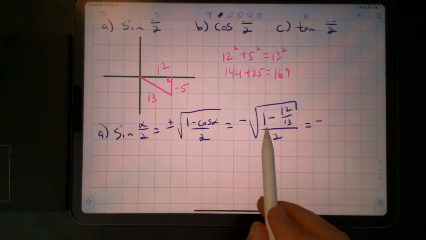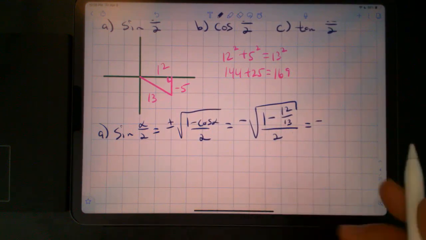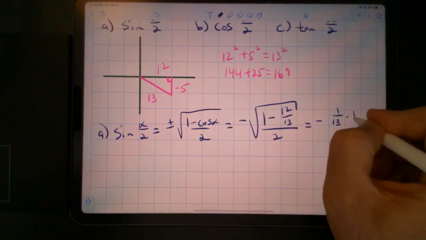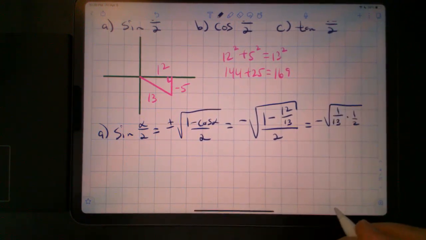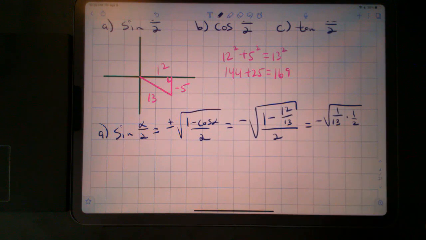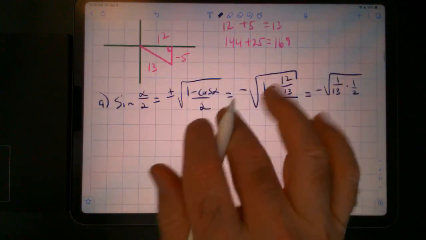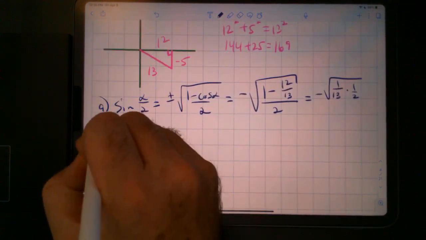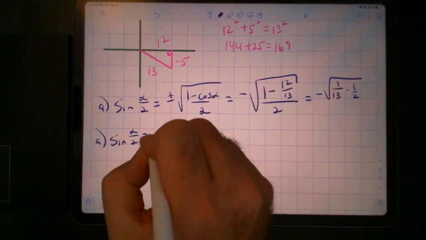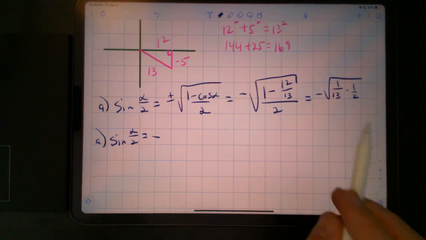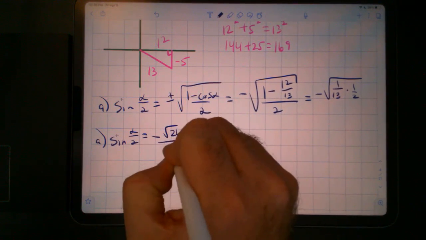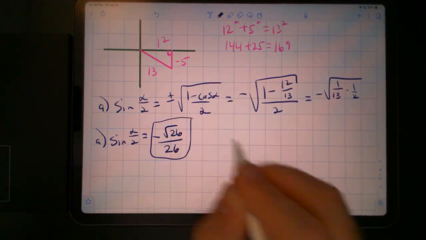And so I have 13 over 13 minus 12 over 13 is going to be 1 over 13, and then times the reciprocal. We're dividing by 2, which is the same thing as multiplying by 1/2. And so this tells us that sine of alpha over 2 is equal to negative radical 26 over 26 when you rationalize the denominator.